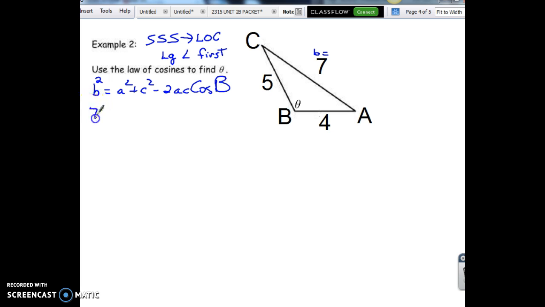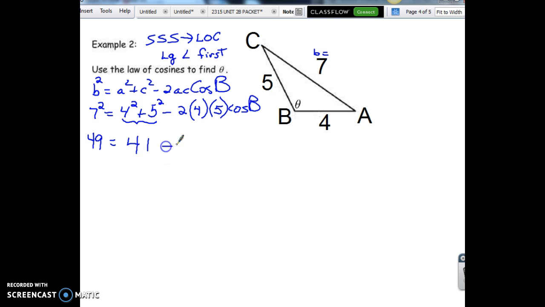We're going to get 7 squared equals 4 squared plus 5 squared minus 2 times 4 times 5 cosine of angle B. Great. We know 7 squared is 49, and 16 plus 25 is 41, minus 20 times 2, 40 cosine of B.